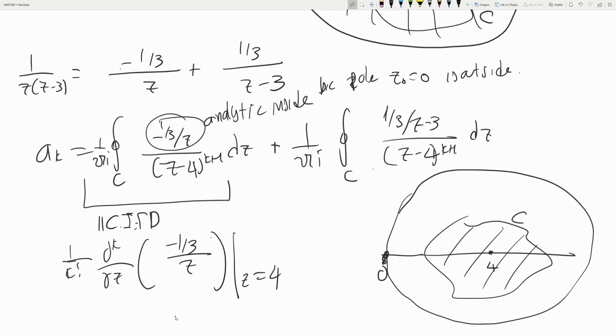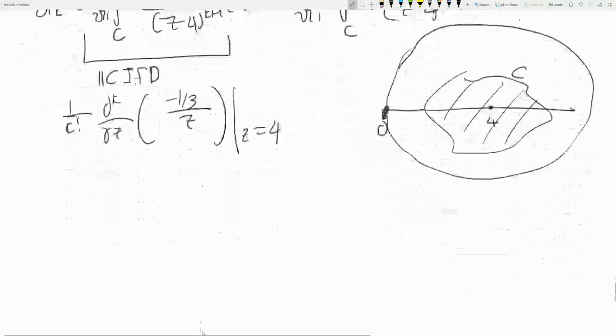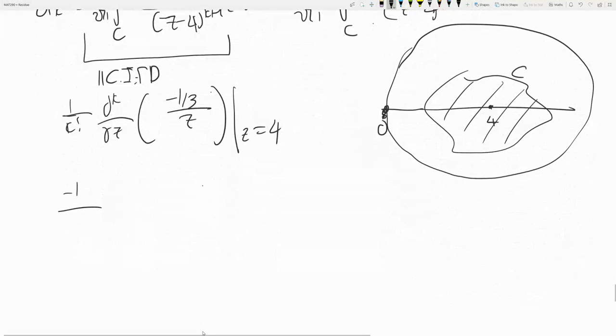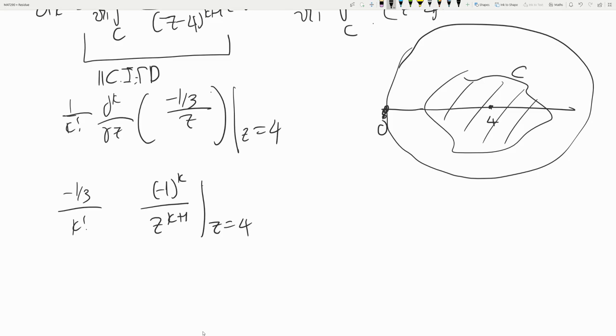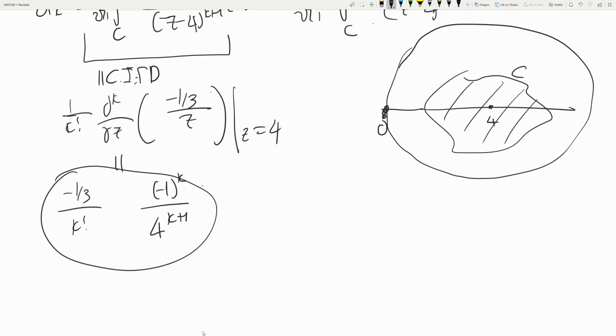This will give us minus 1/3 k factorial times (-1)^k over z^(k+1) evaluated at z equal 4. So I can just plug it in here, and you get 4^(k+1). Okay, so that's one part.